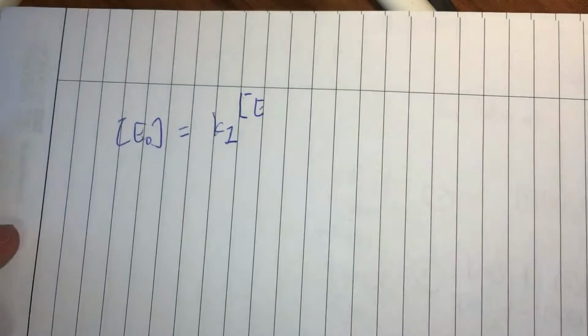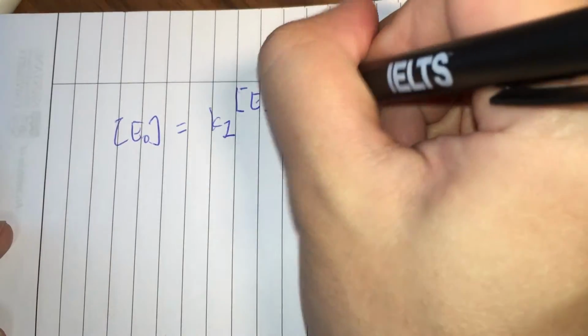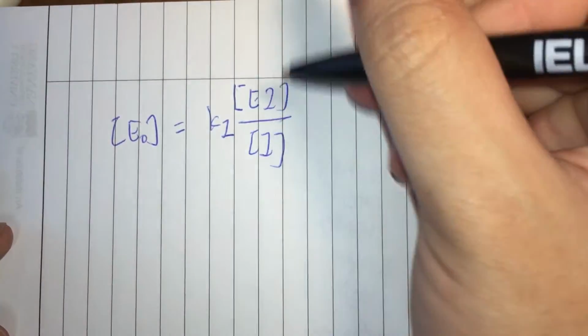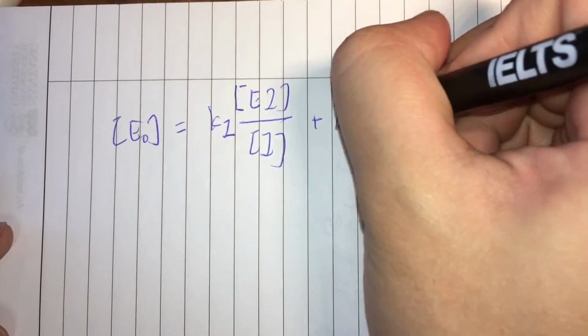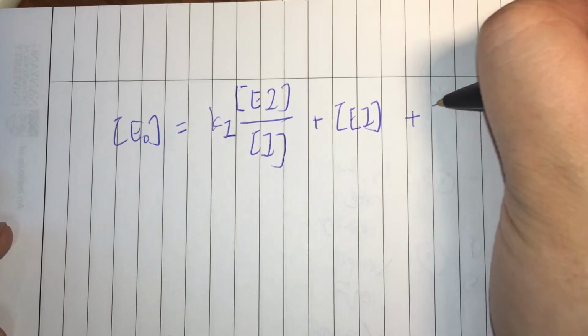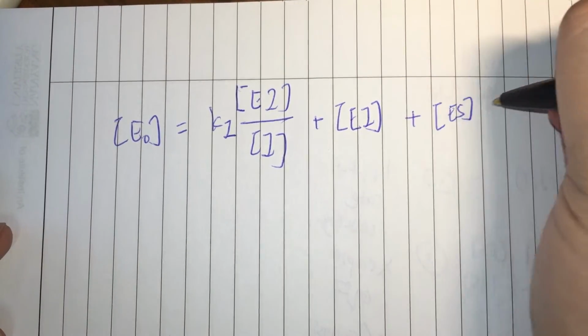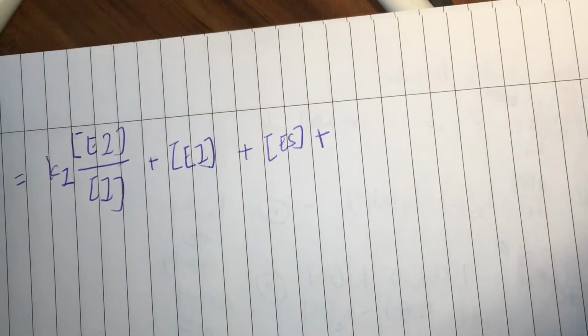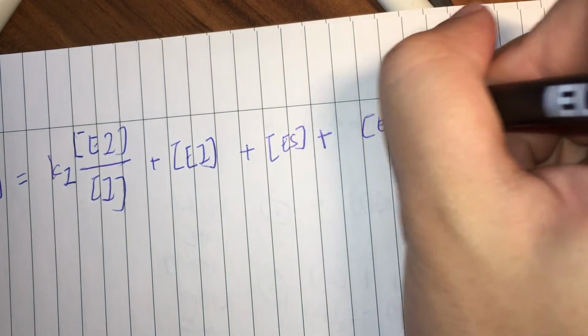E naught equals E, which I substitute as Ki over, oh sorry, Ki times EI over I, that's the first term E, plus this EI term, plus ES, plus the last one, which is ESI.